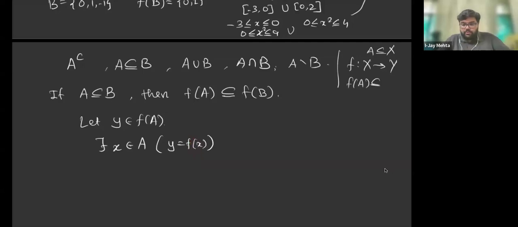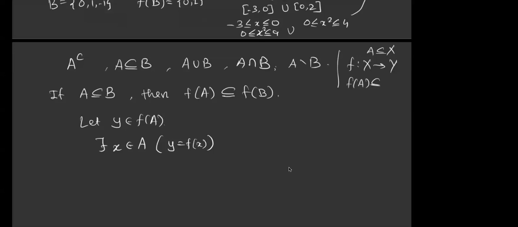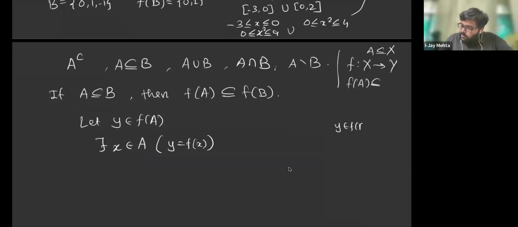What do we have to show? Where do we have to show Y, Sumit? Y belongs to F of B. We have to show that Y belongs to F of B. This is our target in mind. So that means what, Sumit? What do I have to show?